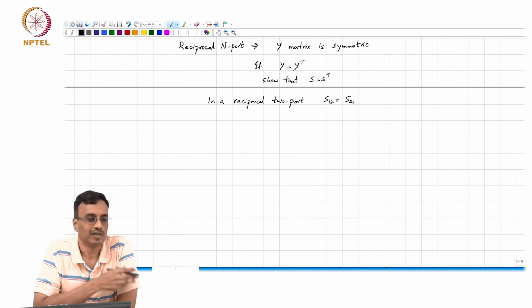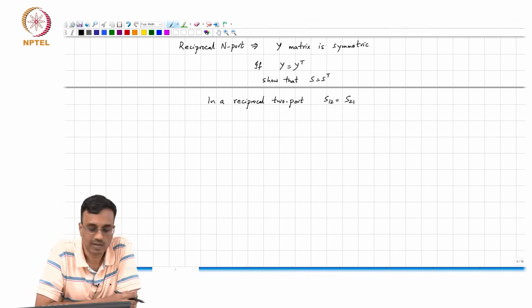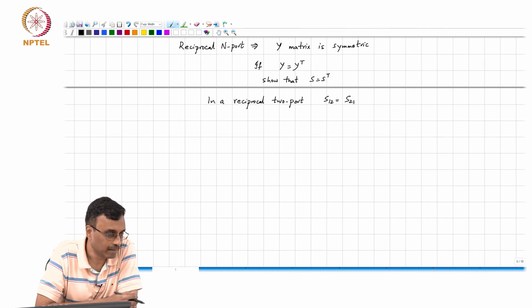And you can come up with similar ways of converting from Z to S, and S to any arbitrary set of parameters that you like. Okay, it doesn't make sense for me to go through all those parameter conversions.